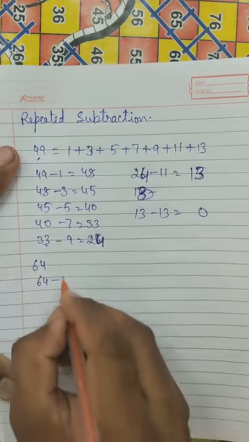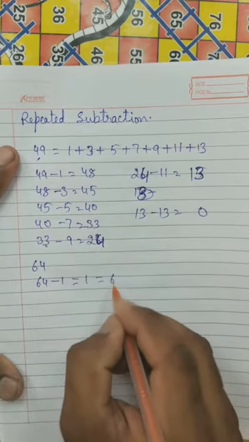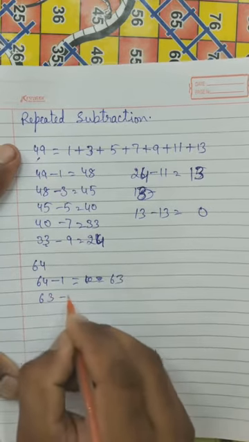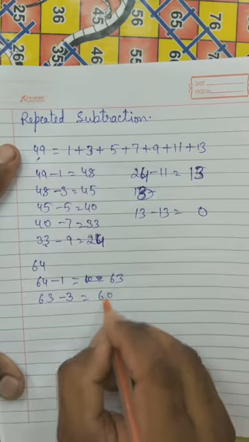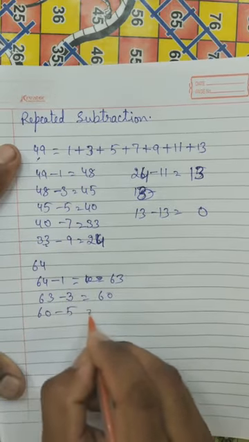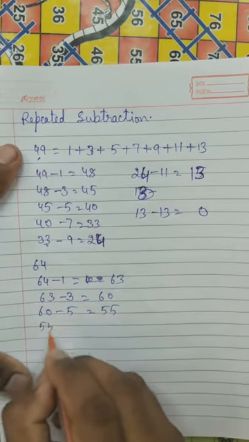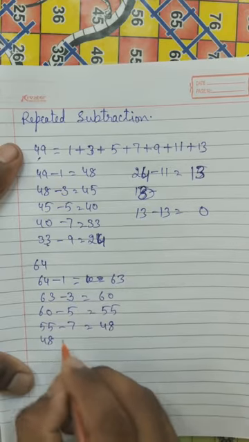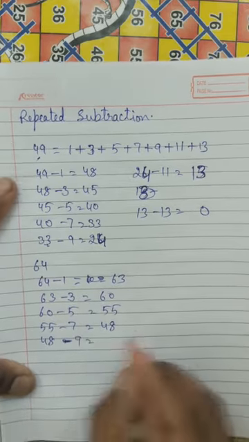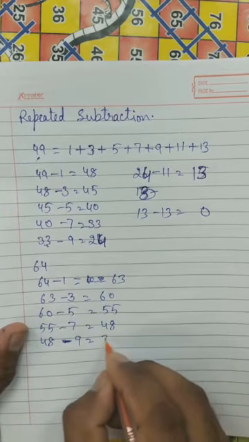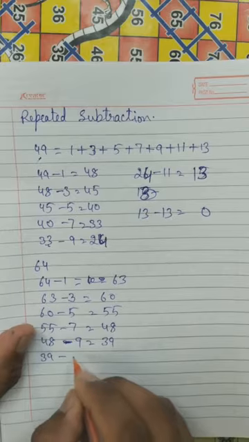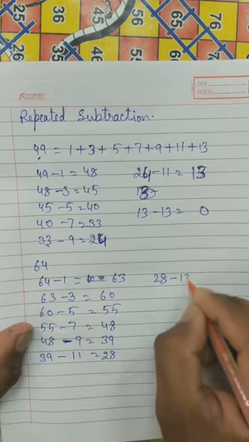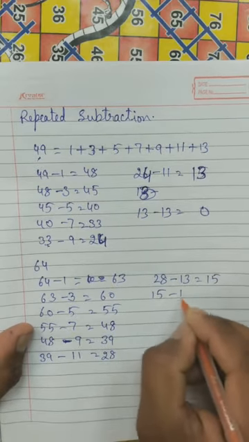First I am subtracting 1. 64 minus 1 is 63, and 63 minus 3 is 60, and 60 minus 5 is 55. 55 minus 7 is 48. 48 minus 9 is 39. 39 minus 11 is 28. 28 minus 13 is 15, and 15 minus 15 is 0.